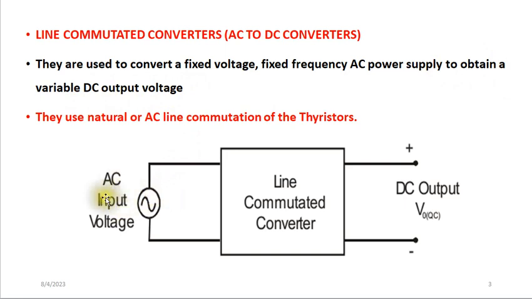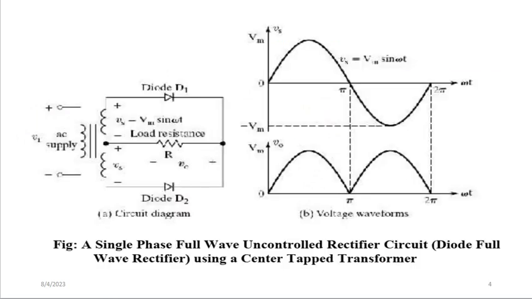That is, we change an AC signal into DC, and this AC has fixed voltage and fixed frequency, while the output that we get can be variable in nature in such a way that you can adjust the value of the output voltage. And they use what we call natural or AC line commutation, that is the thyristors. And these are controlled version because thyristor has a terminal for the control of the operation.